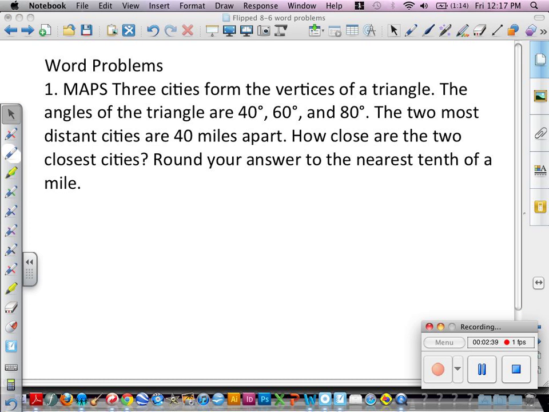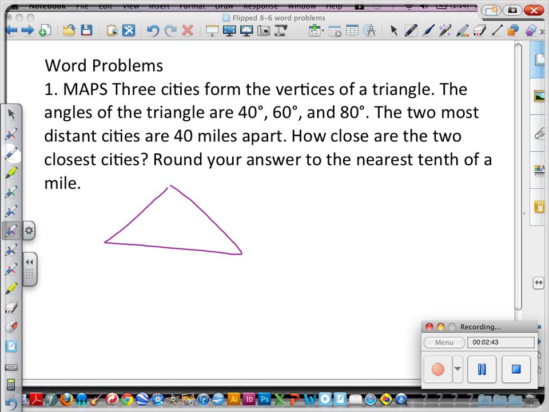All right, so I'm going to have a triangle, and I'm going to have a 40-degree angle, a 60-degree angle, and an 80-degree angle. The two most distant cities are 40 miles apart. Okay, I need the cities that are farthest apart. How am I going to know which is going to be the longest one? My drawing is not accurate. 80 is the biggest angle, so across from that is going to be the largest side.